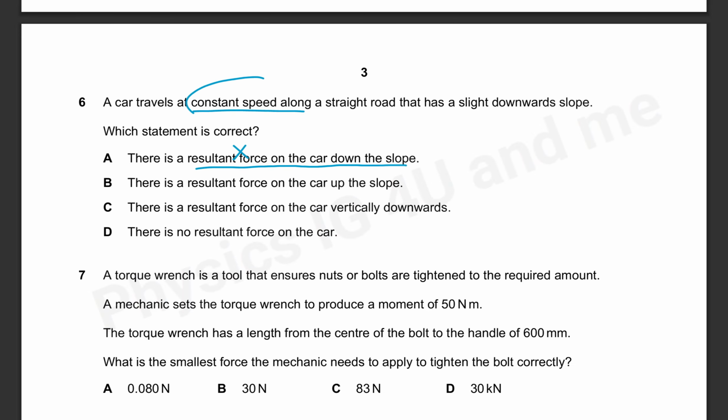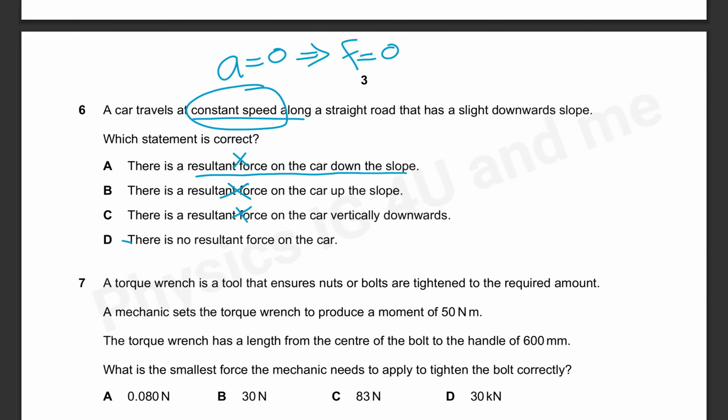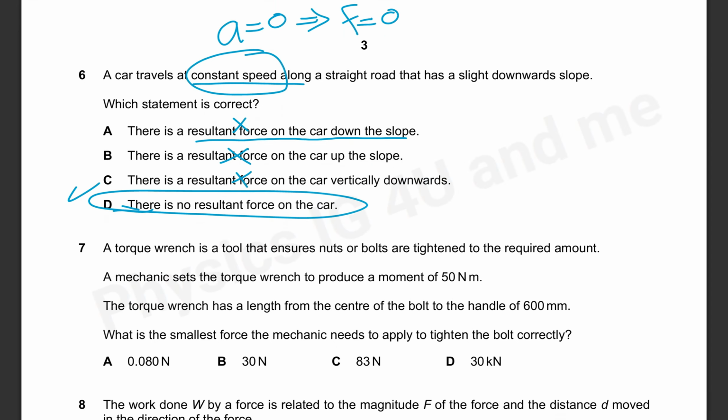Because the speed is constant, which means acceleration equals 0. Acceleration is 0, which means there's no resultant force. The force will be 0. Also here, there is a resultant force, wrong. There's a resultant force, wrong. Here they say there is no resultant force, correct. Option D.